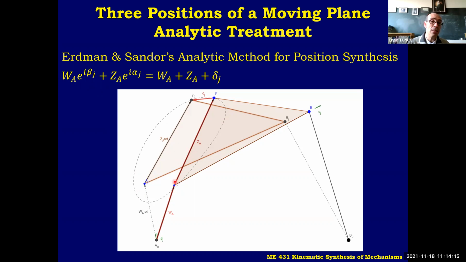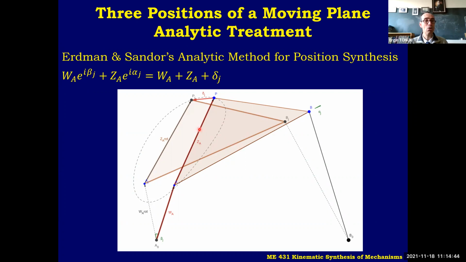And this ZA is going to move to ZA e to the i alpha J, where alpha J is the rotation of this plane from position 1 to position J. Okay, so this is, say, phi 1. This is phi J. Alpha J is phi J minus phi 1.